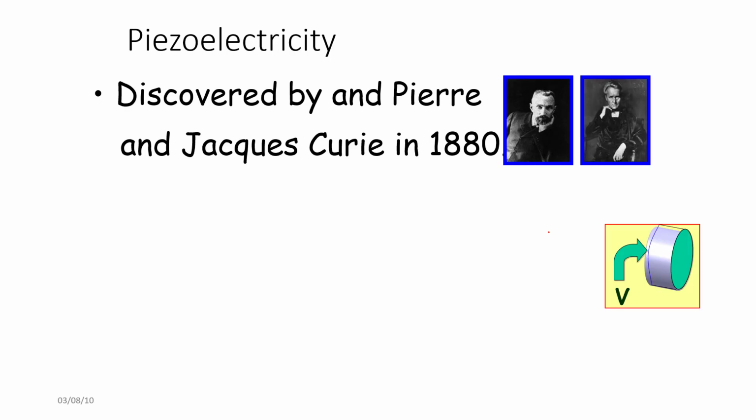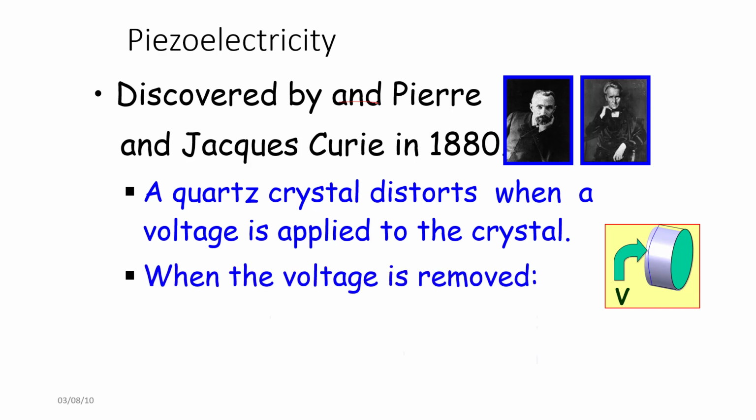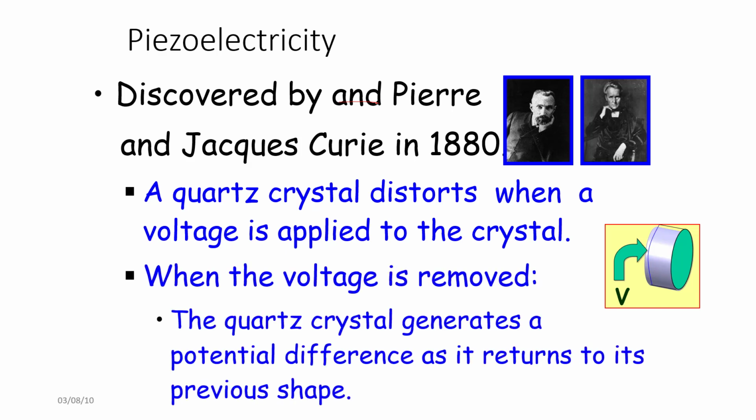So, clocks in computers rely on the phenomenon of piezoelectricity. This was discovered by Pierre and Jacques Curie in 1880. The idea is that a quartz crystal will distort when a voltage is applied to the crystal. And then, when the voltage is removed, the quartz crystal will try to return to its original shape, and this would again generate a small potential difference.